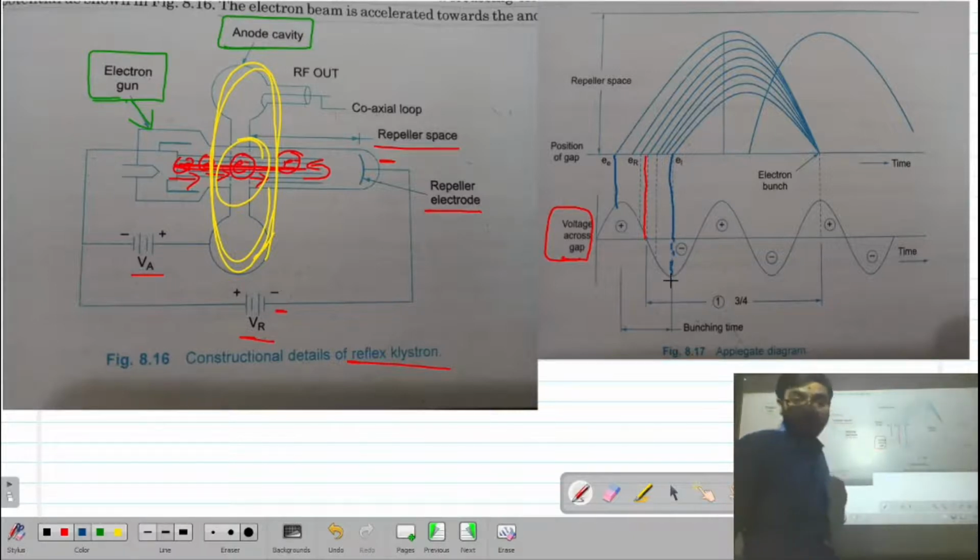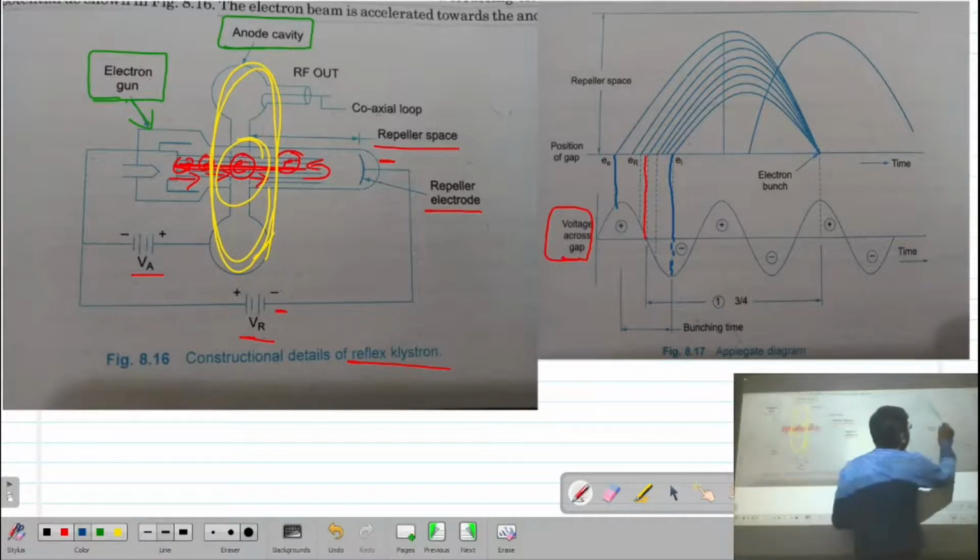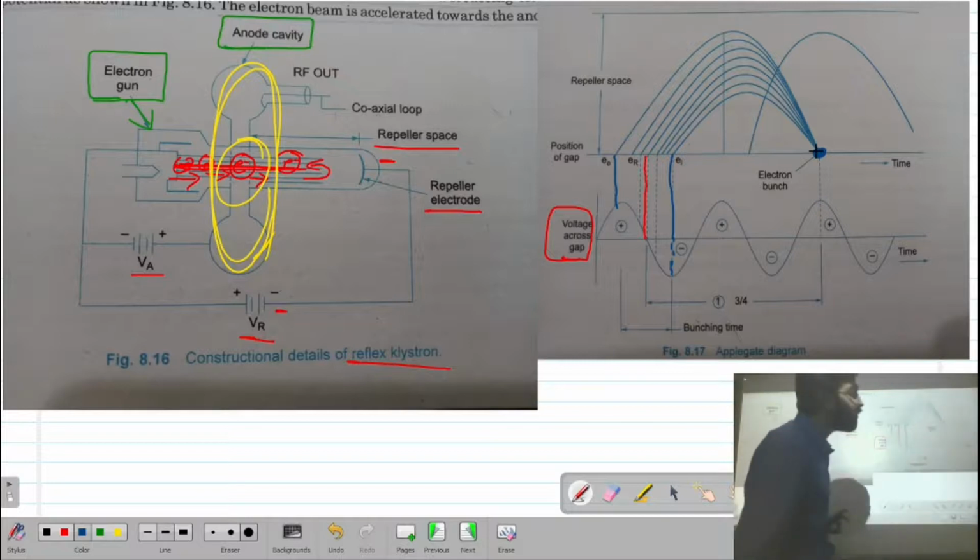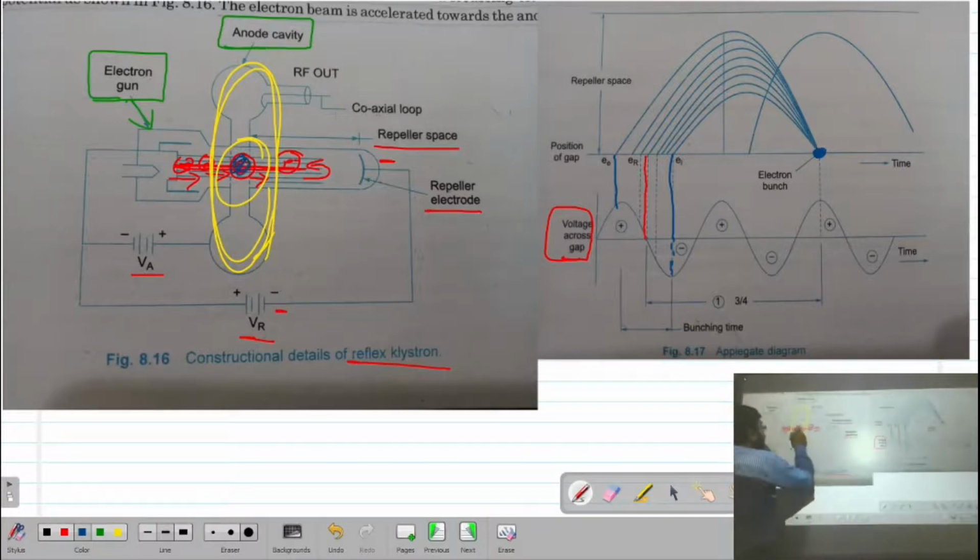Now over here, all these three electrons will repel, rebound or reflect in such a way that they will meet at this point. The electron bunch is going to happen over here.